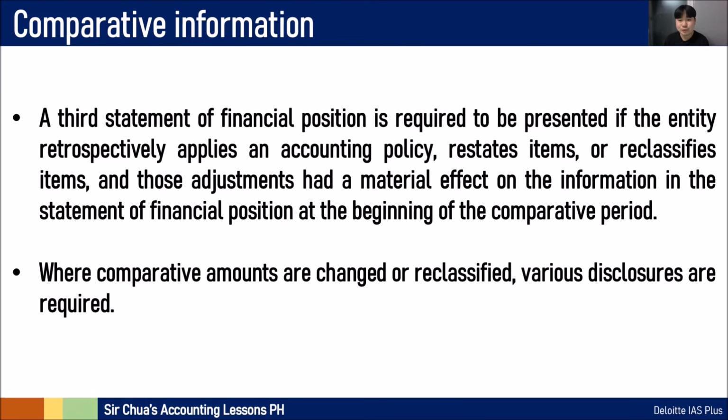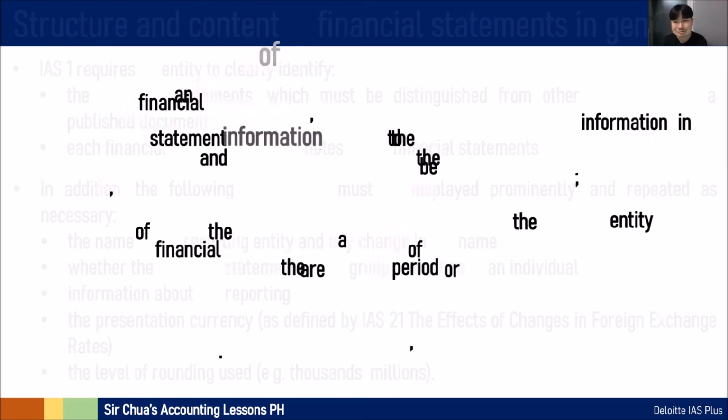When you say third statement of financial position, if we're talking about December 31, 2022, you should also present 2021 and 2020. Okay, but we'll be talking more about that, the third statement of financial position, when there is a retrospective application of an accounting policy in IAS 8. Where comparative amounts are changed or reclassified, various disclosures are also required. You really have to explain these things as well, okay?